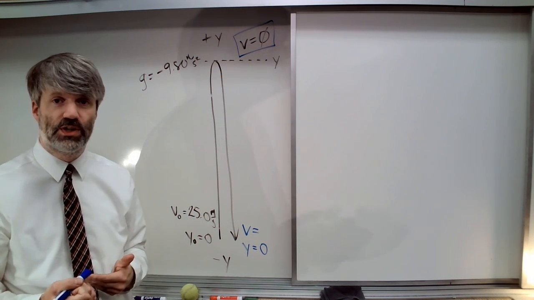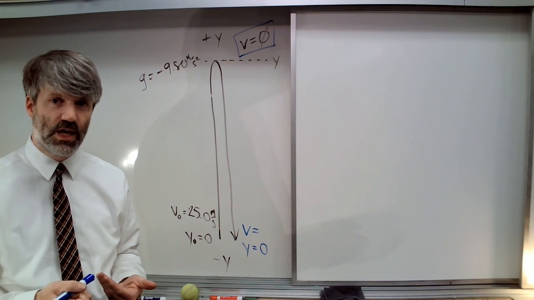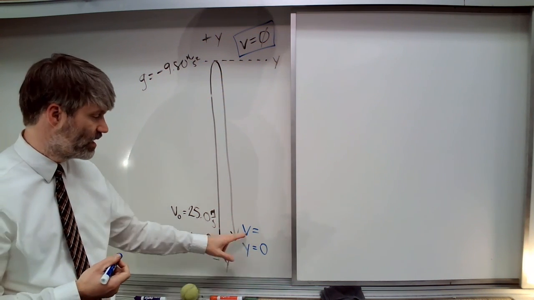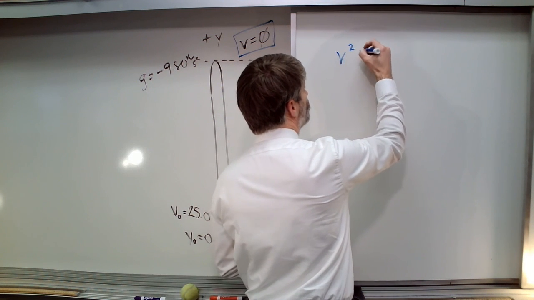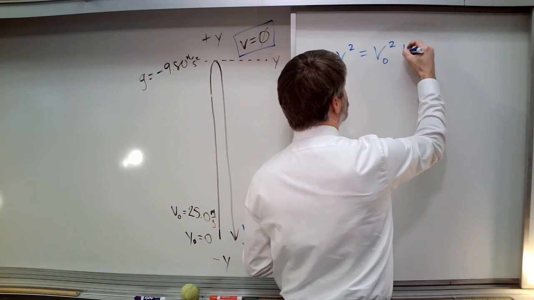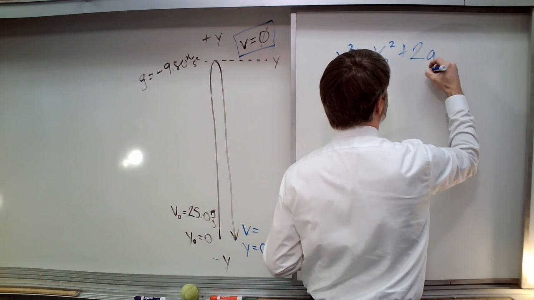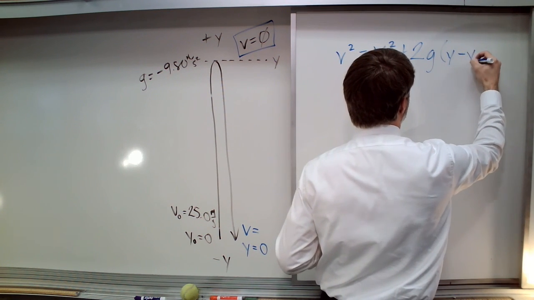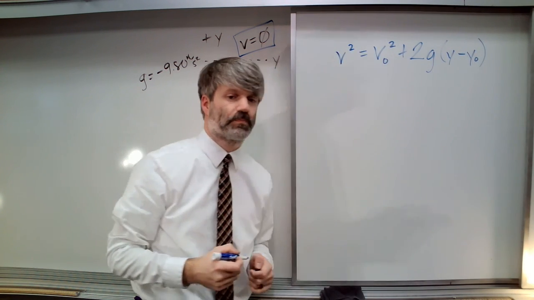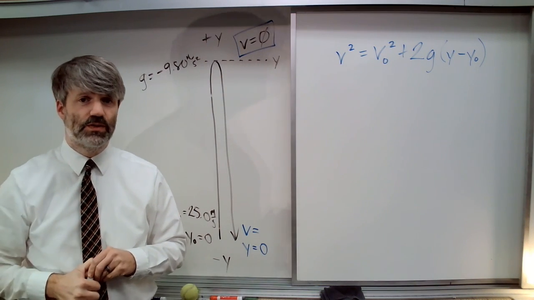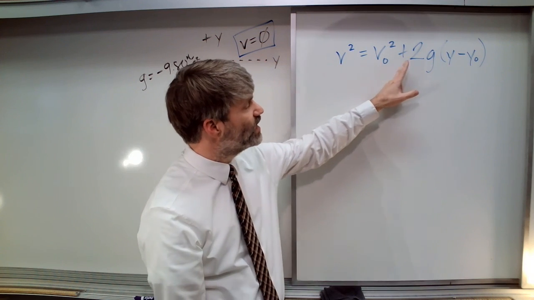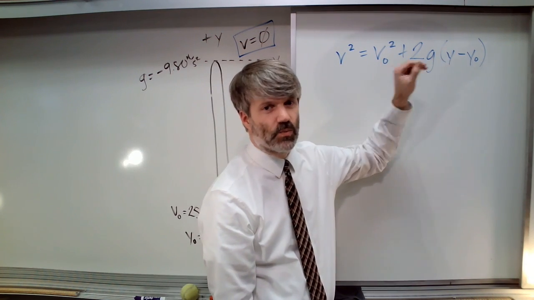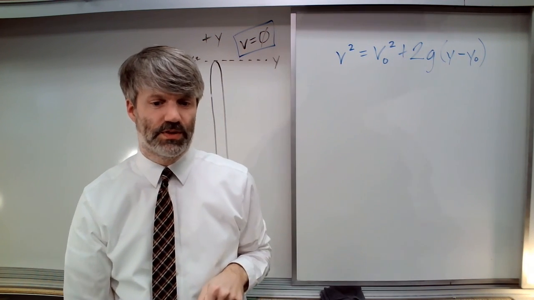And we've got an equation that handles all of those things and will also tell us a final velocity. So we can use this equation again, right? Knowing v naught, g, y, and y naught, we can put all of those into it.